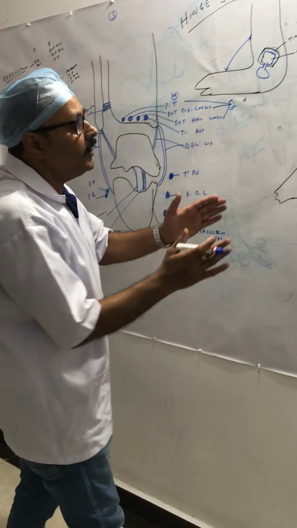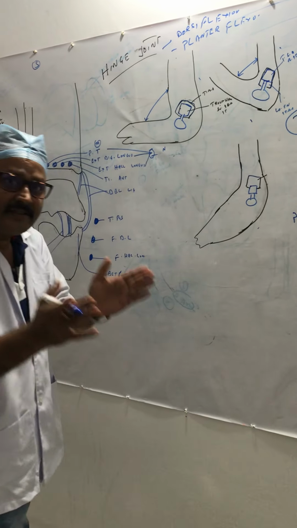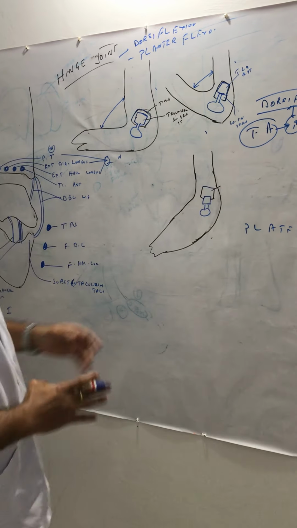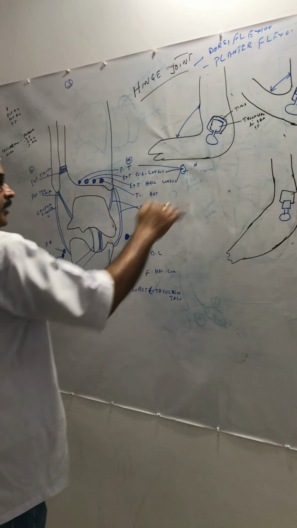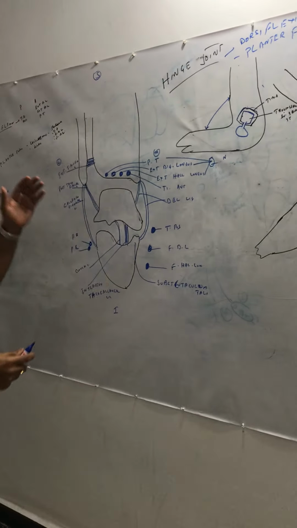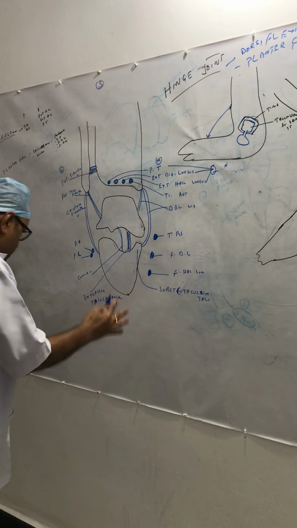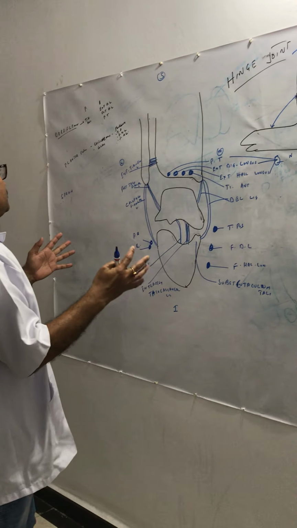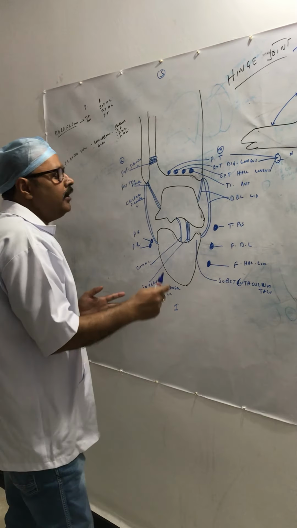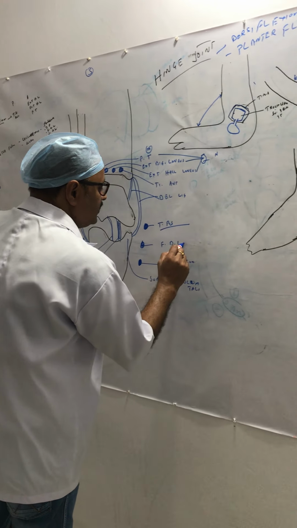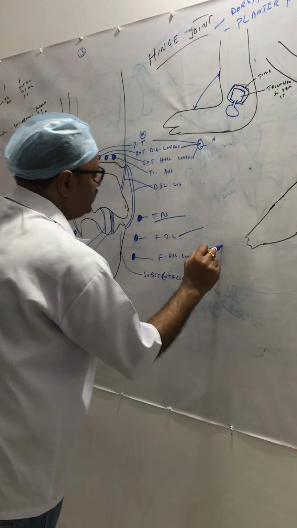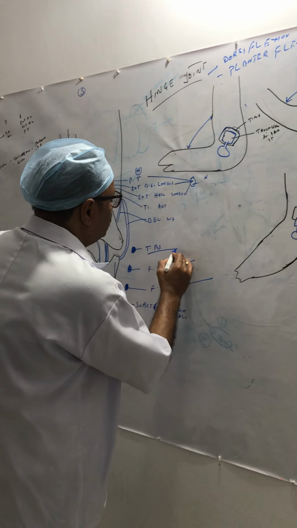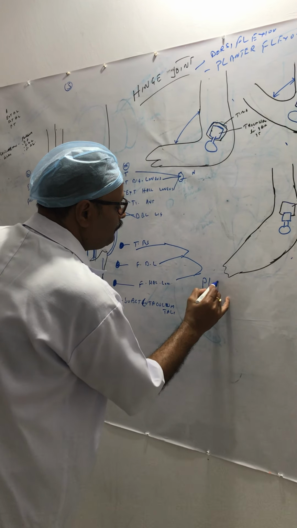That means the tendo Achilles is the tendon of the gastrocnemius and the soleus. The gastrocnemius and soleus are mainly responsible for plantar flexion, but they are assisted by the muscles we read about in the relations on the posterior and medial aspect of the ankle joint: tibialis posterior, flexor digitorum longus, flexor hallucis longus, and the plantaris, which is on the back.